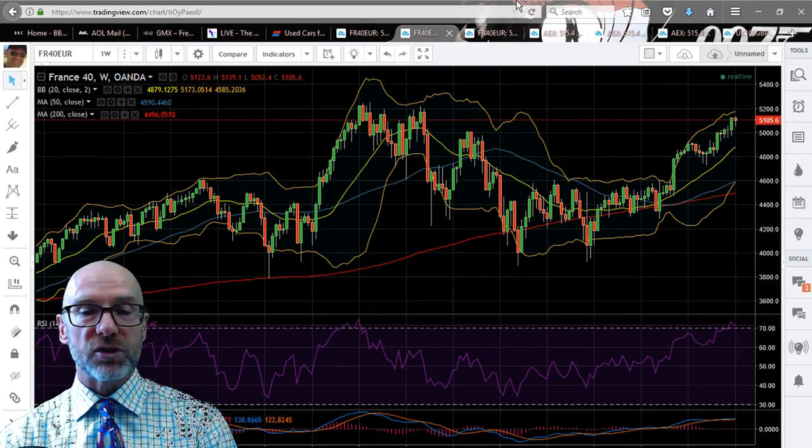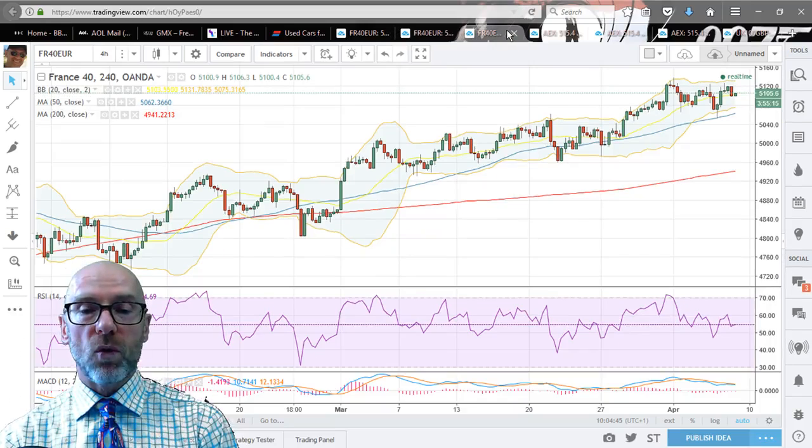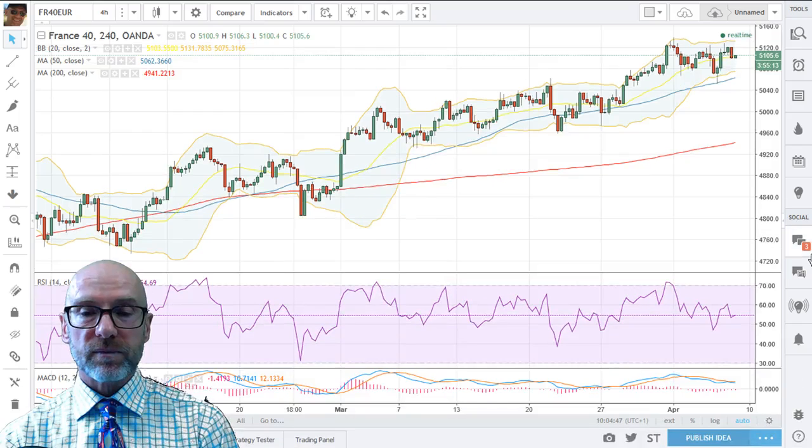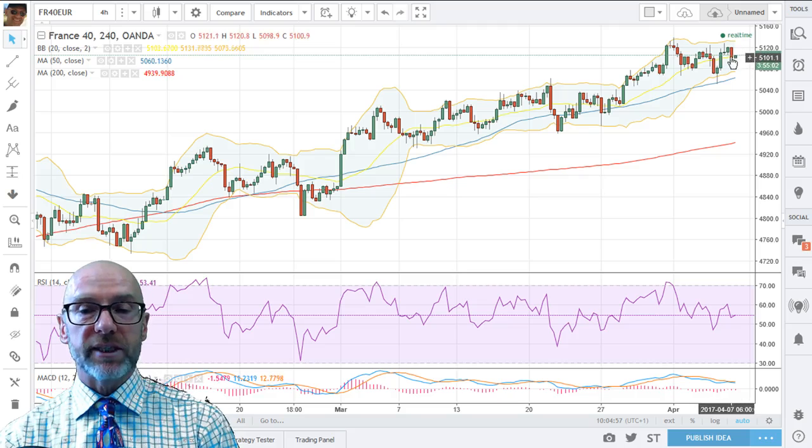On the 4-hour chart, obviously today we've had a down bar to start the day, and we're consolidating now, actually consolidating on the 24-week average, which is again quite interesting.